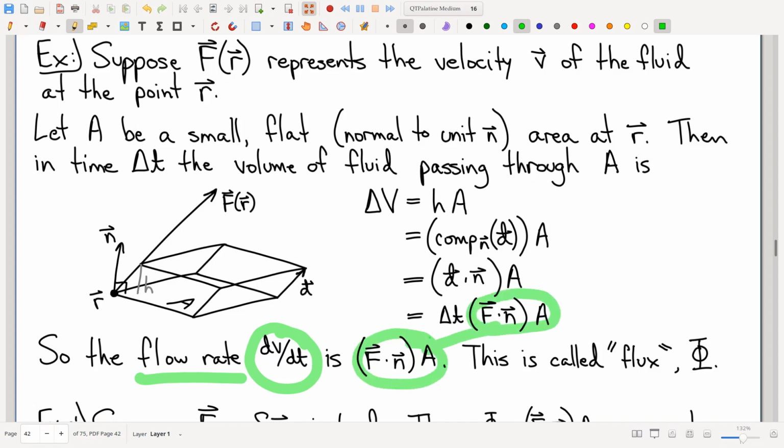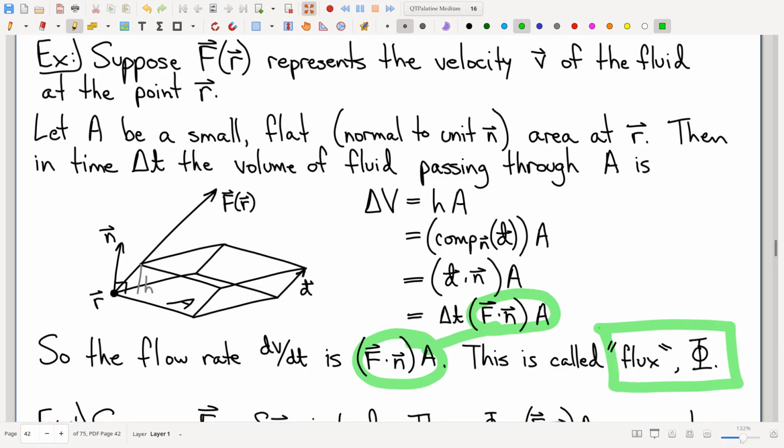And as is often the case in math, when you ask a reasonable and natural question, the answer is an interesting thing. And this one turns out to be interesting enough that it deserves a name and a notation. This is called flux. We represent it with a capital Greek letter phi.